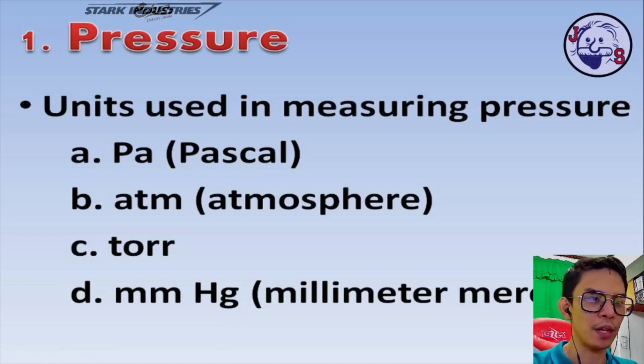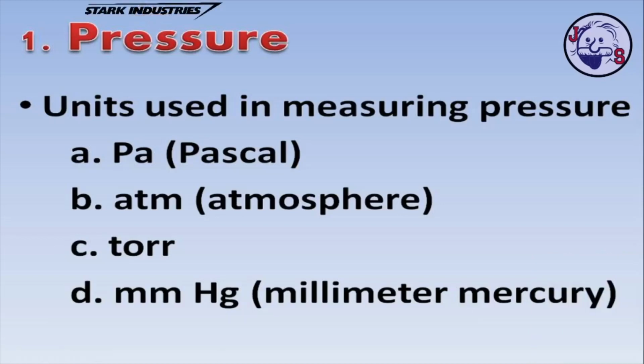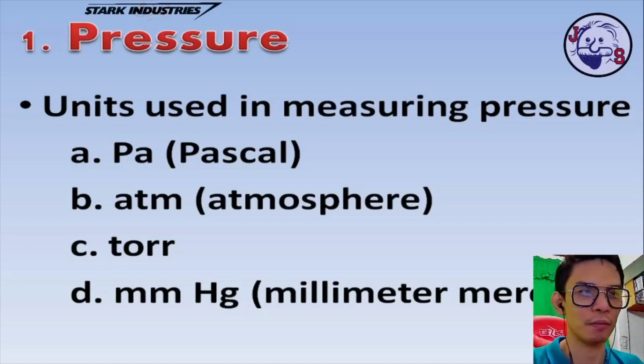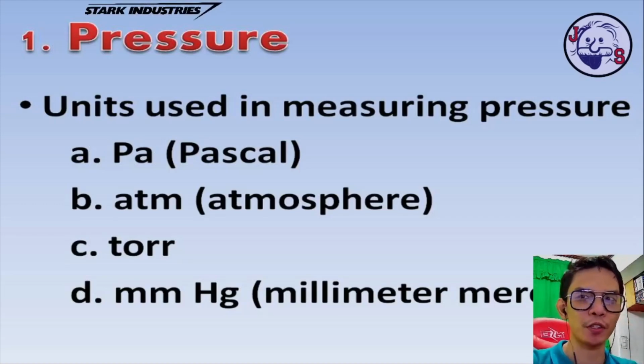Just like what I discussed earlier, millimeters of mercury was obtained from the improvised barometer used by Evangelista Torricelli, which is why it is called millimeters of mercury. So: Pascal, atmosphere, torr, and millimeters of mercury.